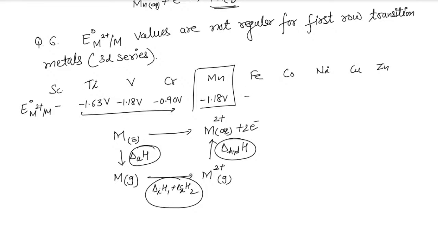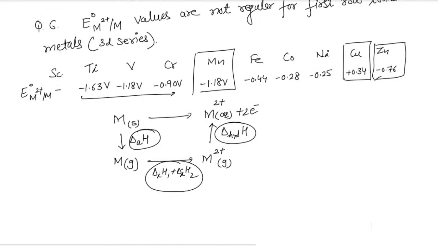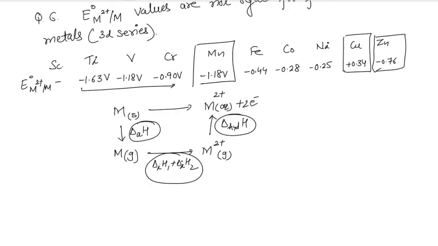Then again minus 0.44, minus 0.28, minus 0.25, and then it becomes plus 0.34, and then minus 0.76. So the proper reason is the variation in ionization enthalpy, enthalpy of hydration, enthalpy of atomization.